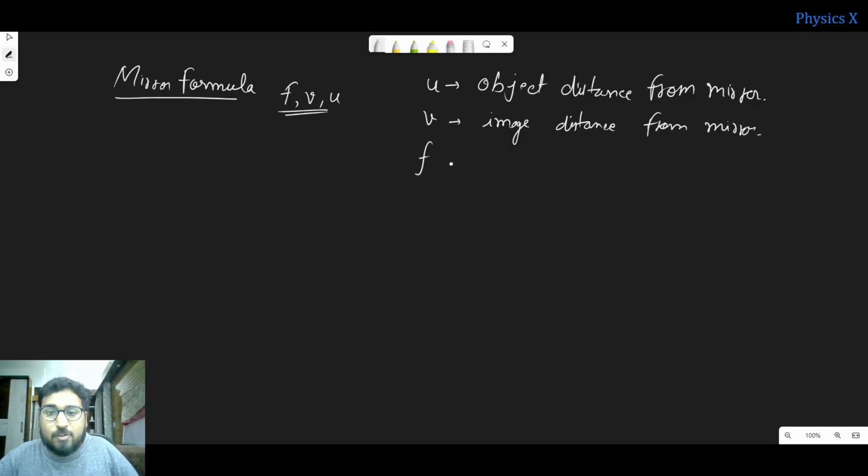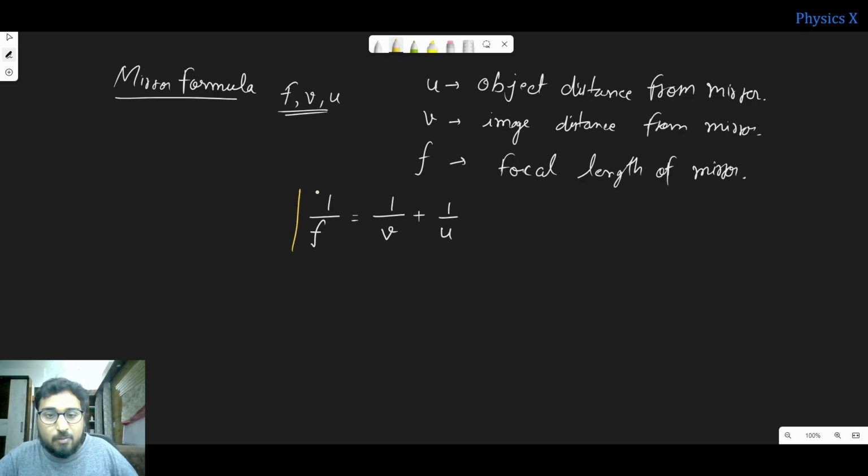And f is the focal length of the mirror. This is your mirror formula: 1 by focal length equals 1 by v plus 1 by u.